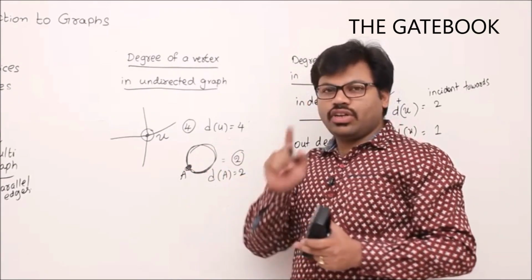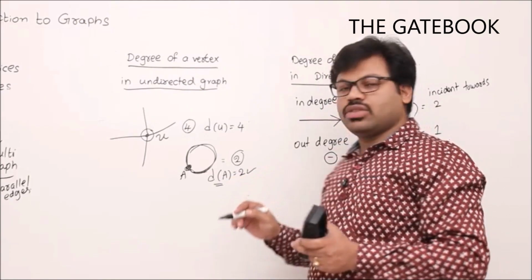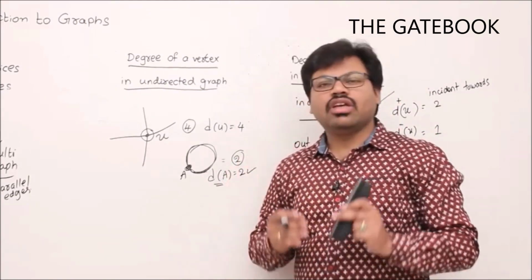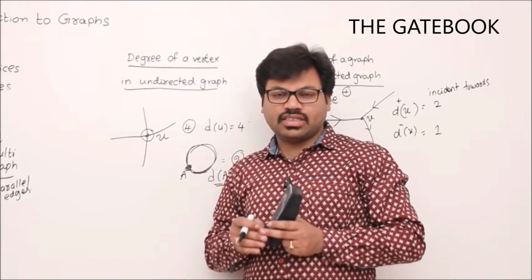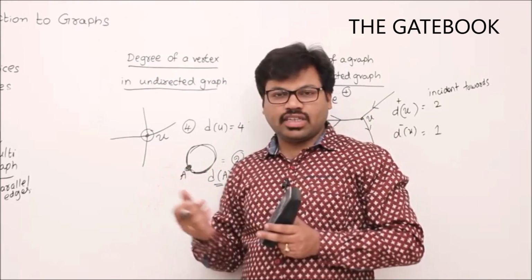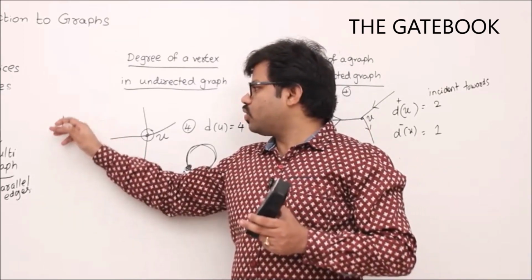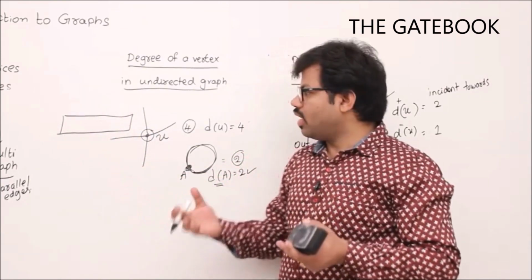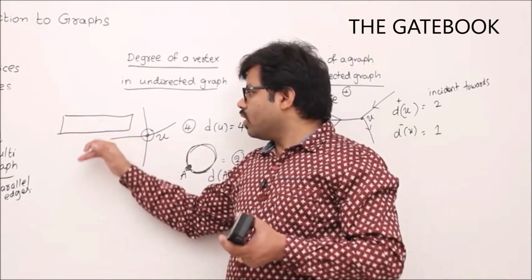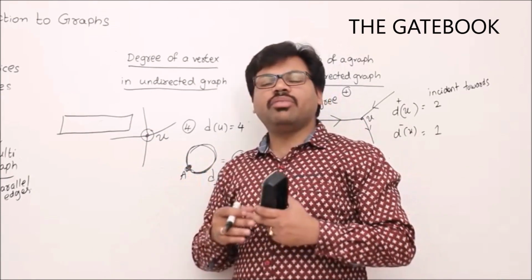Actually, edge wise it is only 1, but in degree calculation, they take it as 2. This is called an exception. If you take this as an exception, then you get an advantage: sum of the degrees theorem is true for every graph. If you take this vertex degree as 2, then only it will be true.